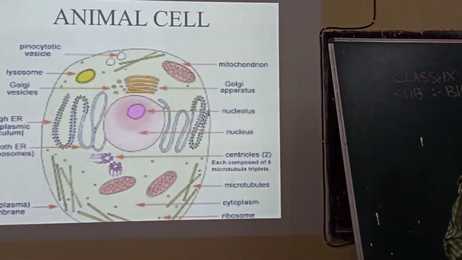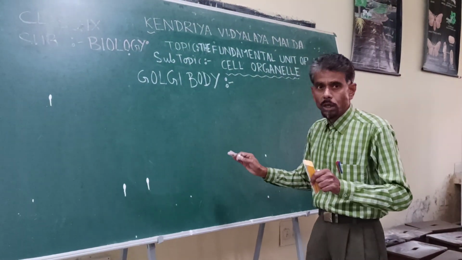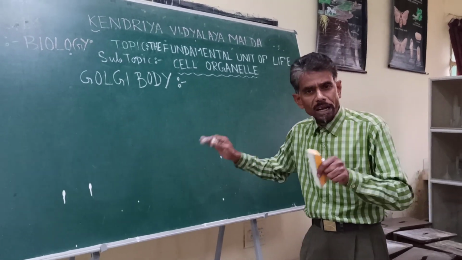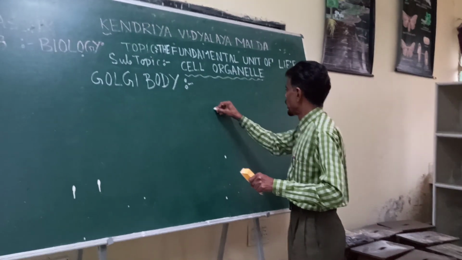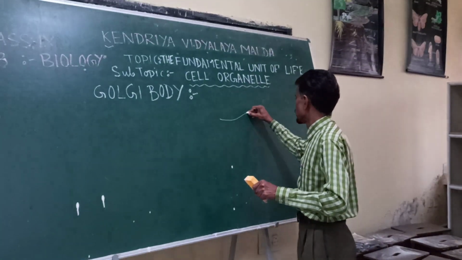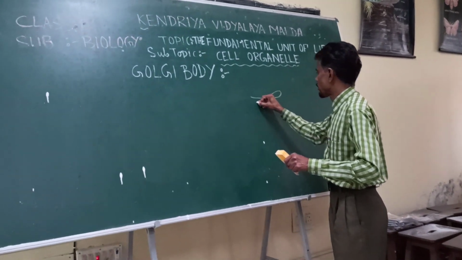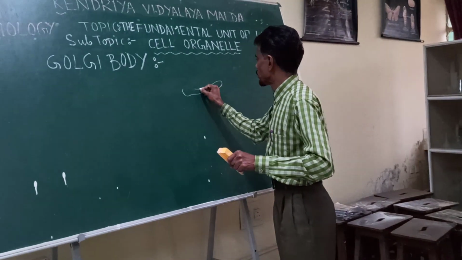Now, if I draw a very clear simplified diagram, how will it look? I am not drawing the cell, I am drawing the organelle Golgi body itself. Just observe my diagram carefully.